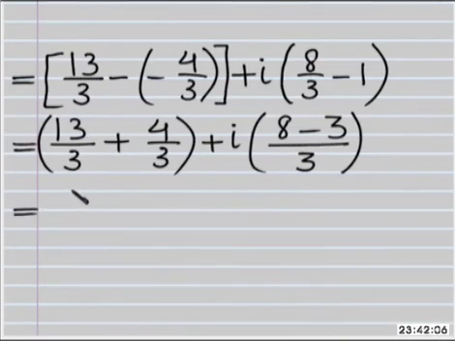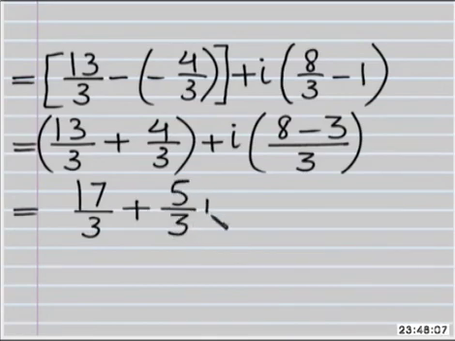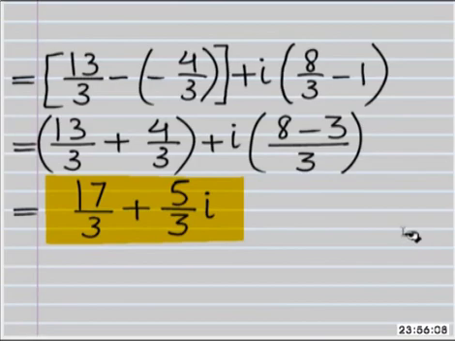This is equal to 17 upon 3 plus 5 upon 3 into iota. So here, on solving the given expression, we get a complex number whose real part is 17 upon 3 and imaginary part is 5 upon 3.